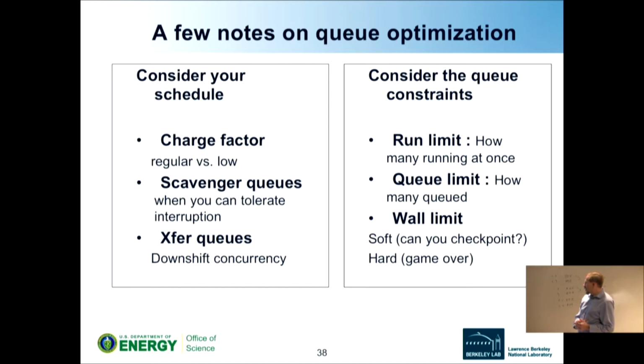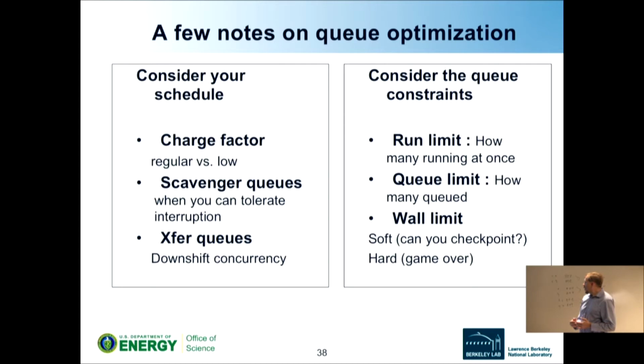If you can tolerate interruption, you can use things like scavenger queues. If you're moving data, you can downshift the concurrency to a lower concurrency batch queue to do the data motion. And another thing that really gets people a lot in terms of performance debugging are constraints that are built into the queue inherently.